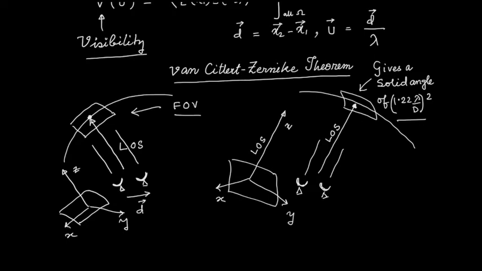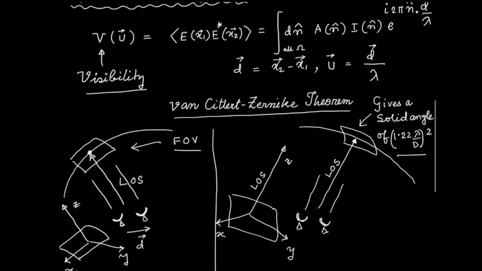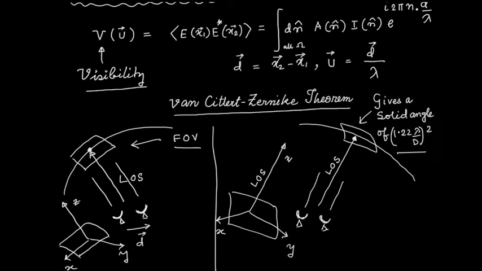Because we are interested in things in the sky, it is better to define a coordinate system that is fixed with respect to the sky. That is what we have done here. Okay, so now what is this n cap? Remember, n cap is the direction of any point in this source. So n cap can point to somewhere here, for example.